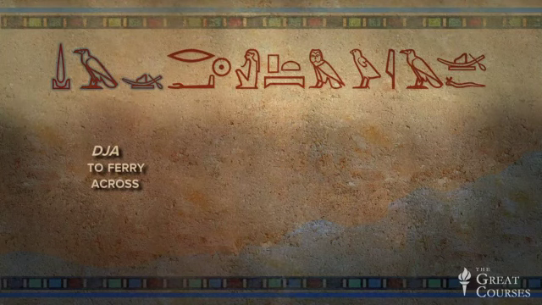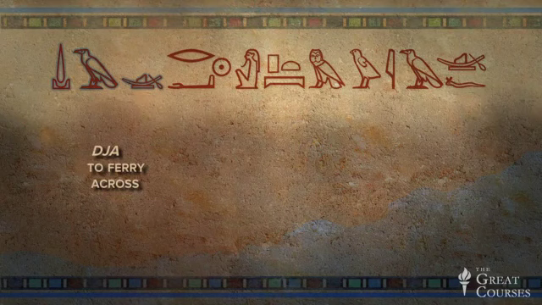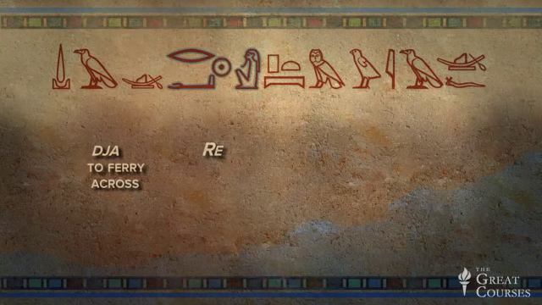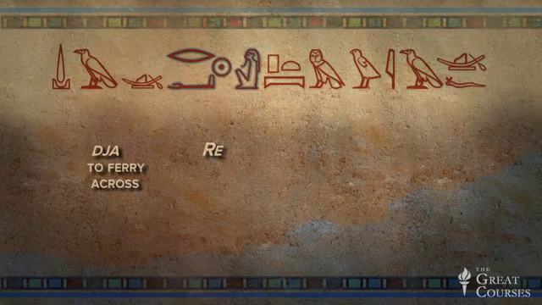The word means to ferry across. Now we have to find out who it is that's ferrying across. Well, it's Ra, the sun god. Note that in this text, his name is written with two determinatives, the solar disk and the god determinative. There are lots of variations.